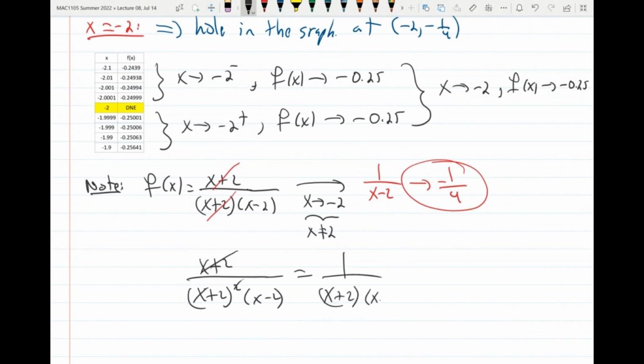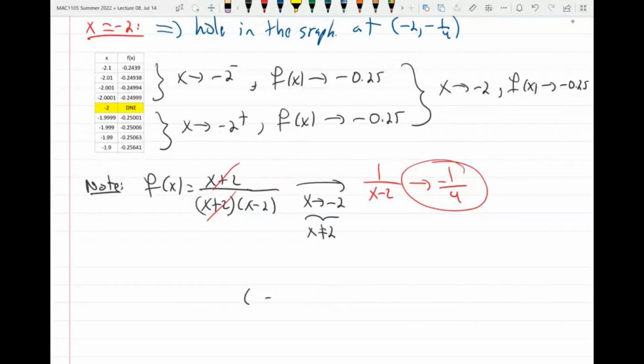You still have your negative 2 showing up down there as a 0. You will still have your infinity behavior. Okay? So, that's why if you cancel and then that factor disappears from the denominator, then that's how you know that you have a hole. Okay. Did you understand this?